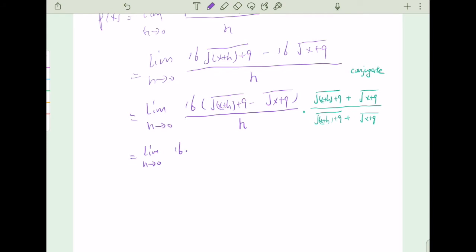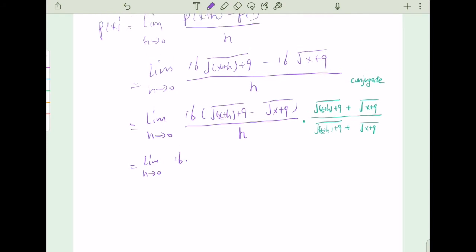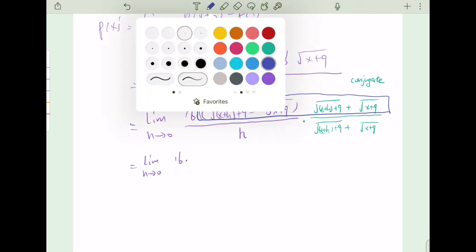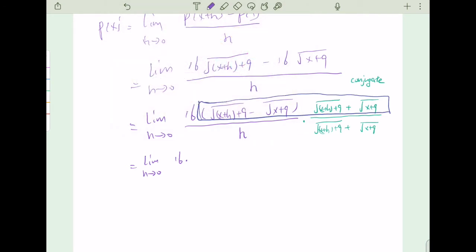16 here. So combining this top here, difference of squares formula, a minus b times a plus b. So it becomes a squared, this thing squared, minus b squared.